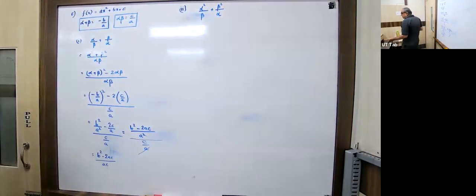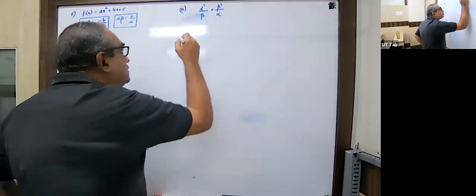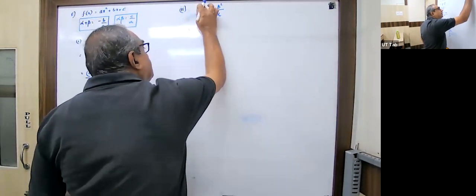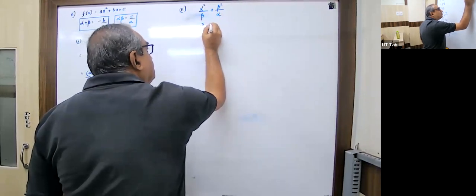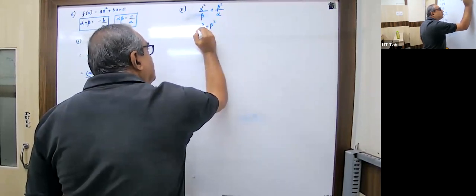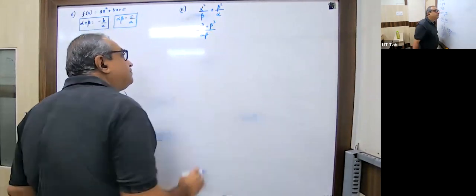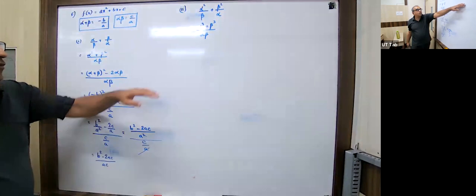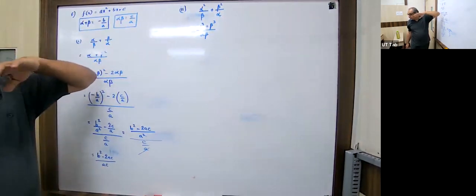Again, my LCM is alpha into beta. So this will get multiplied here. This will get multiplied. Alpha cube plus beta cube by alpha beta. Alpha beta तो ठीक है मेरे पास है. Alpha cube plus beta cube नहीं है.